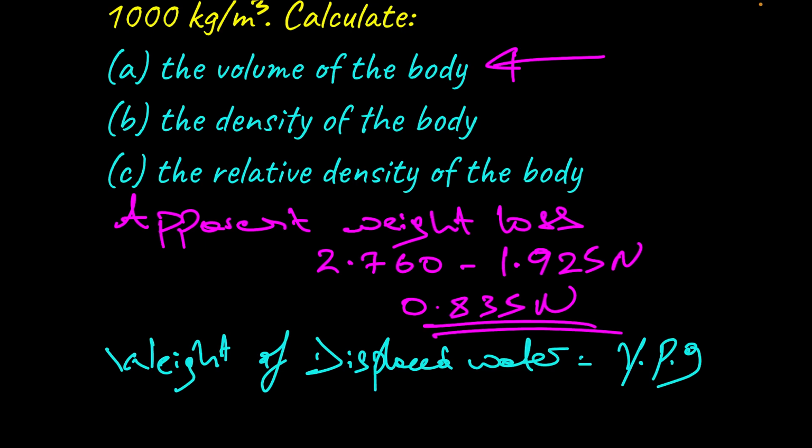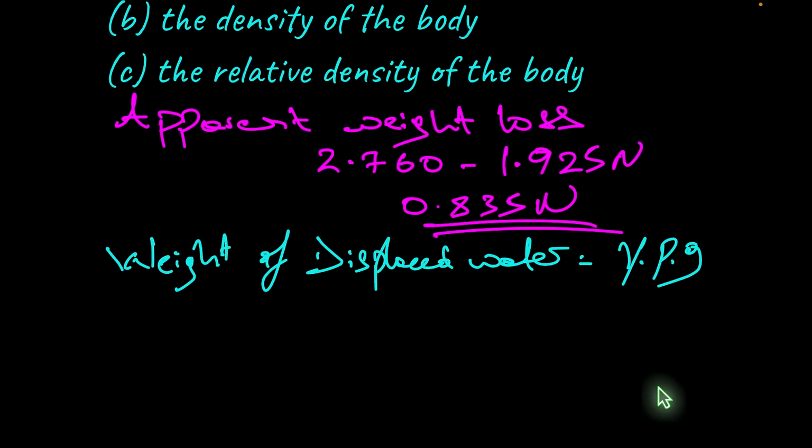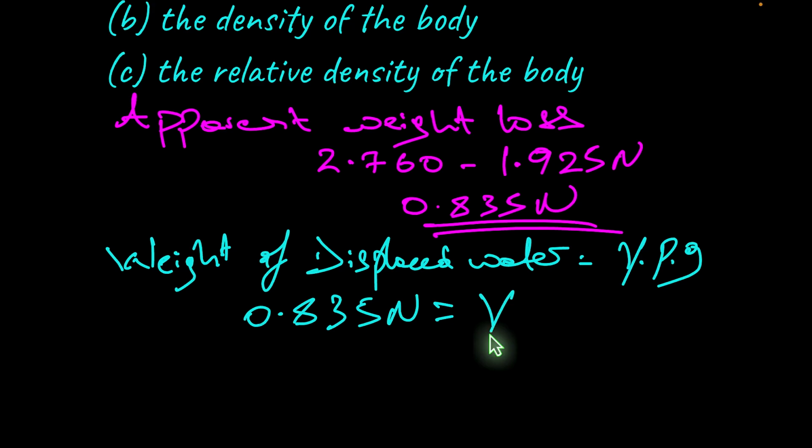So if we replace that weight now with the difference that we just calculated, our 0.835 newtons will be equal to, our unknown in this case is volume. We do know what the density is, it's 1000, and we also know what gravity is, it's 9.81 or 9.8. So this formula then will allow us to calculate what our volume of displaced water is.